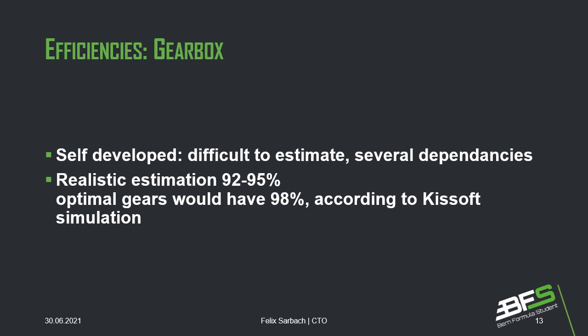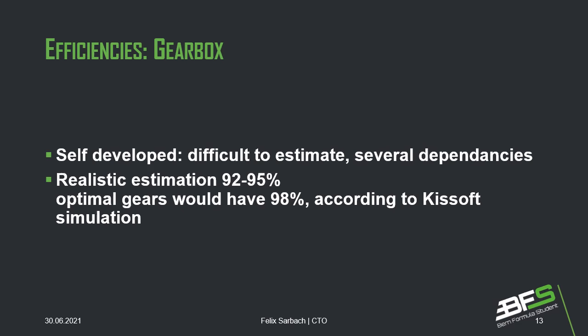Since the gearbox is self-developed, it is difficult to estimate a correct value. There are several dependencies, for example lubrication, how much we have run it in, the tightness of the sealing giving friction, and quality of the gears, depending on how the gears were paired to each other.